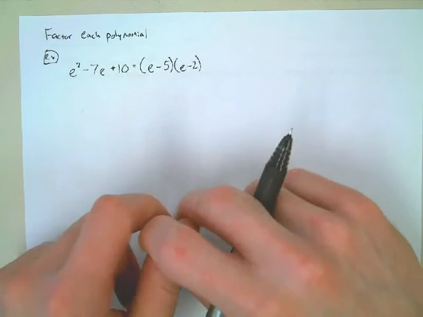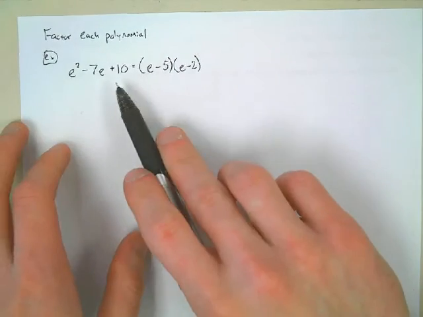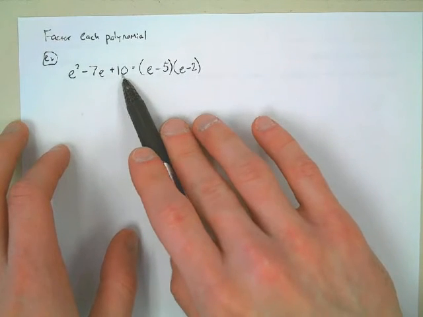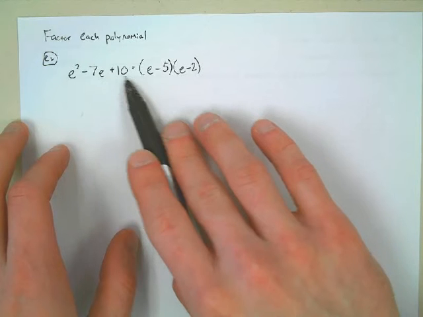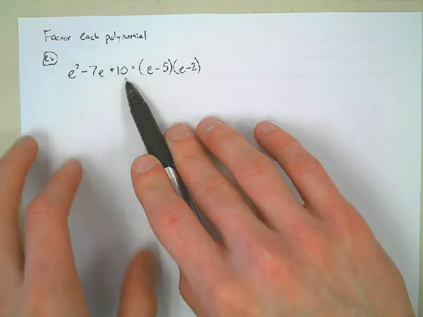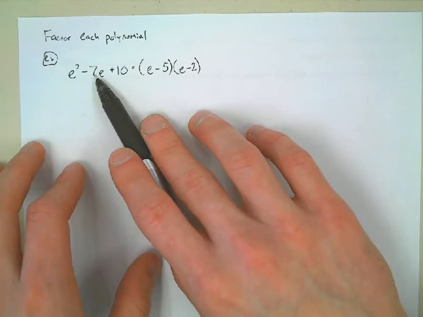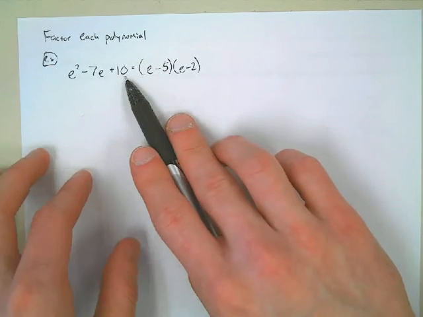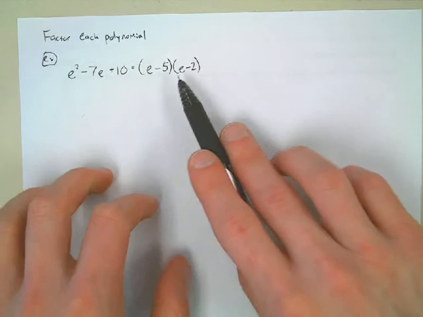Very good to point that out here. So in this situation, our third number here is a positive number. So you might think both our numbers we're looking for are going to be positive, but since our middle term's negative, the only way you can end up with a negative sum but a positive product is if they're both negative. That gives us a clue that the signs of them will both be negative.